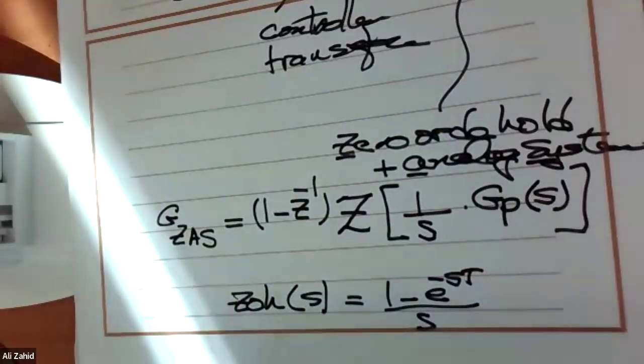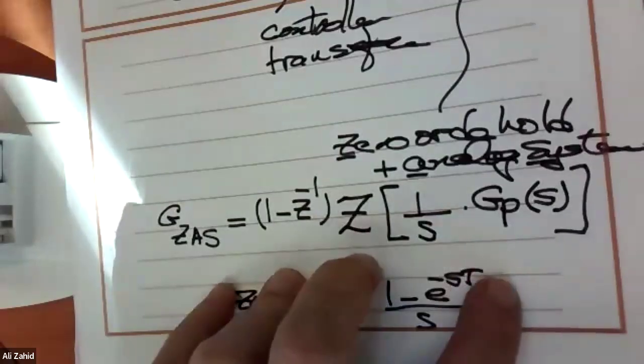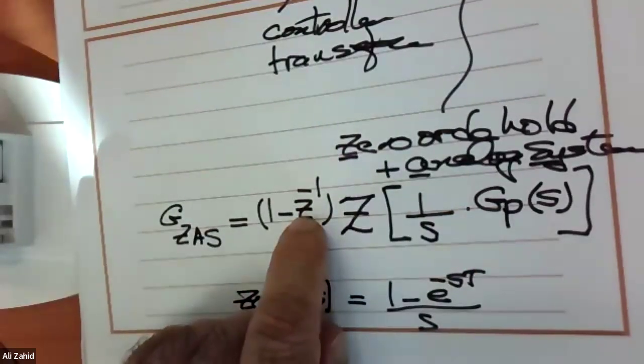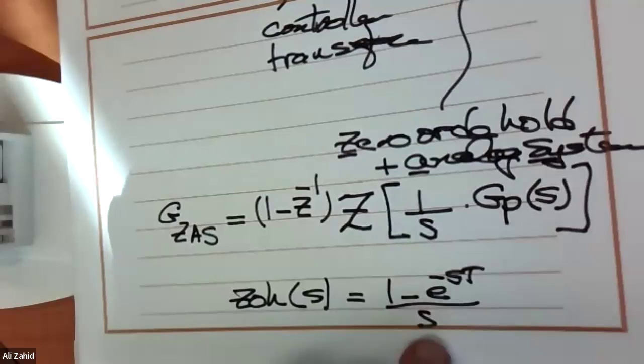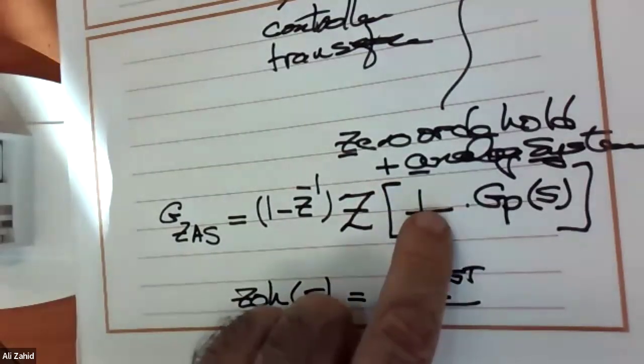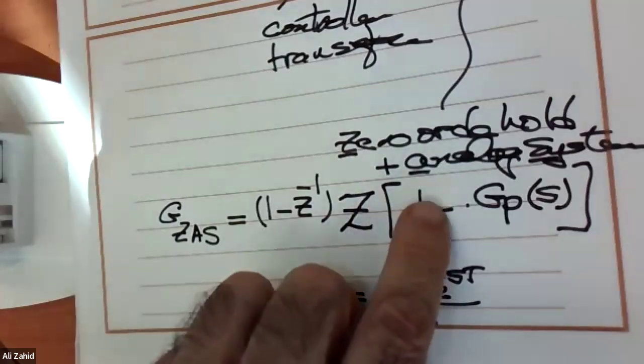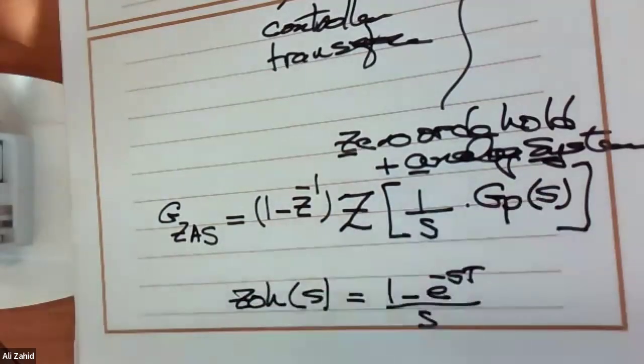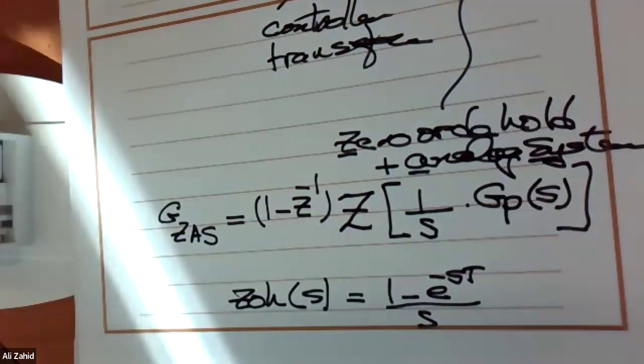But what is E to the minus ST? Z to the minus 1. So where is this S? It's inside there. I need to multiply this by this. Then what do I do? I take the inverse Laplace transform. Then I sample it.